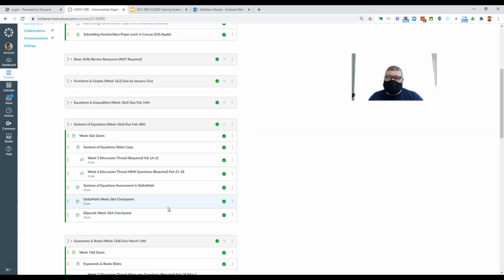Now, this recording is because I am not going to be able to be in the Zoom live, so go ahead and get this recording done. We may also use this trick in the future if I have a conflict where I can't be part of our live Zoom Wednesdays at 5 p.m. But until further notice, unless you receive an email from me giving you this in lieu of a Zoom, we do have those mandatory Zooms as part of class for this course.